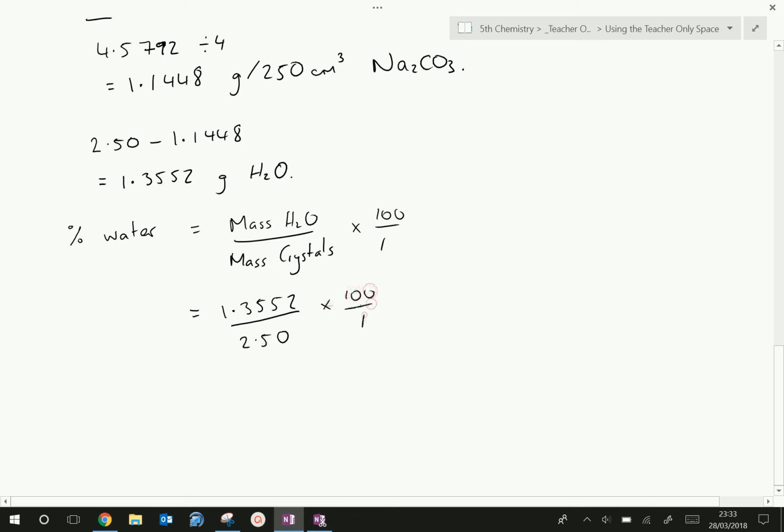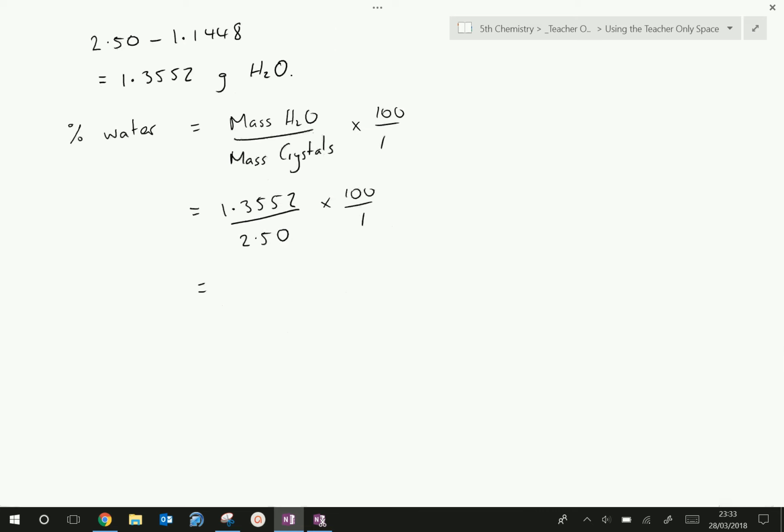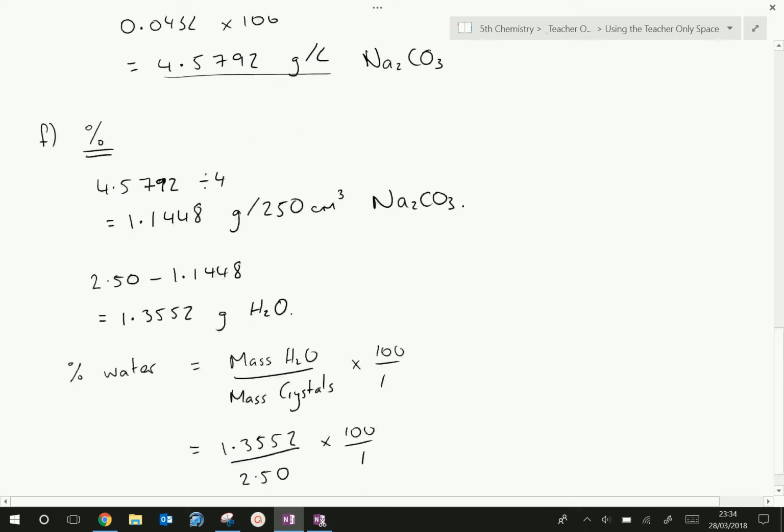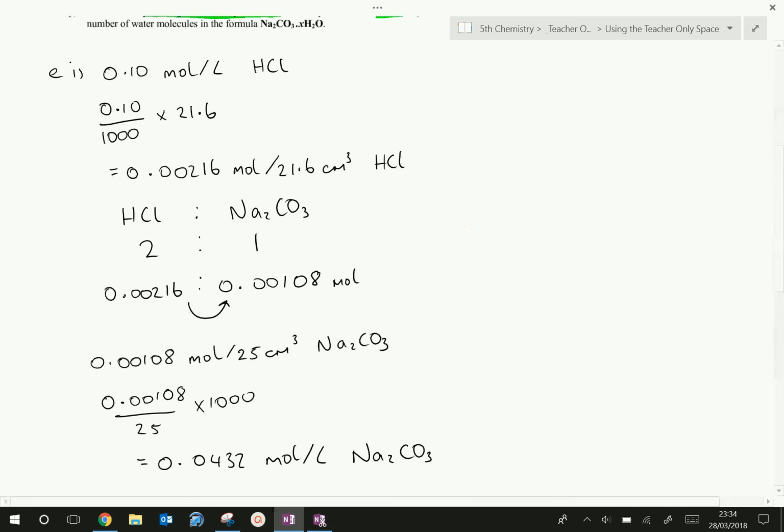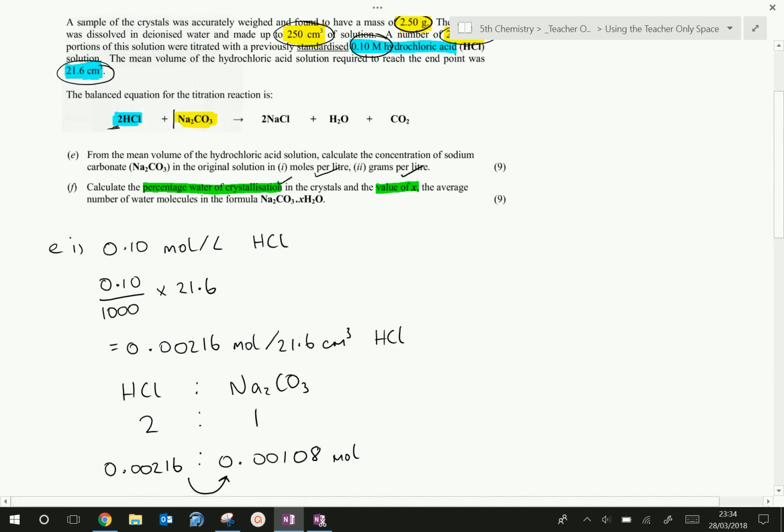Multiply that by 100 over 1, and we get 54.208%. So the percentage of water in those crystals is 54.208% by mass. That is the first part of part F done. That is the percentage of water of crystallization.